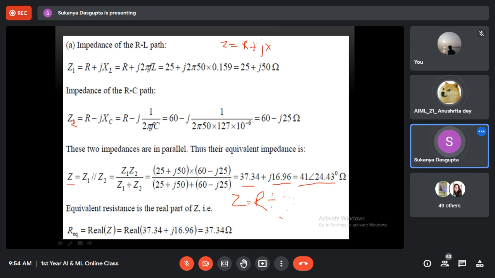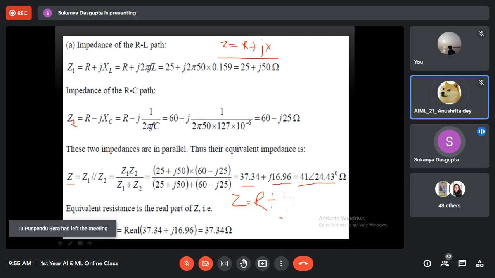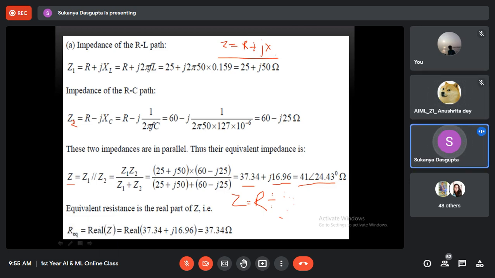Or R plus J(XC minus XL), or J(XL minus XC), depending upon the type of reactance present in the circuit. But in general, impedance will be represented as R plus Jx. That means this R is the real part and this X is the reactive part, or the imaginary part. R means resistance, X means reactance. What is R? It is the real part. And what is X? It is the reactance, the imaginary part.